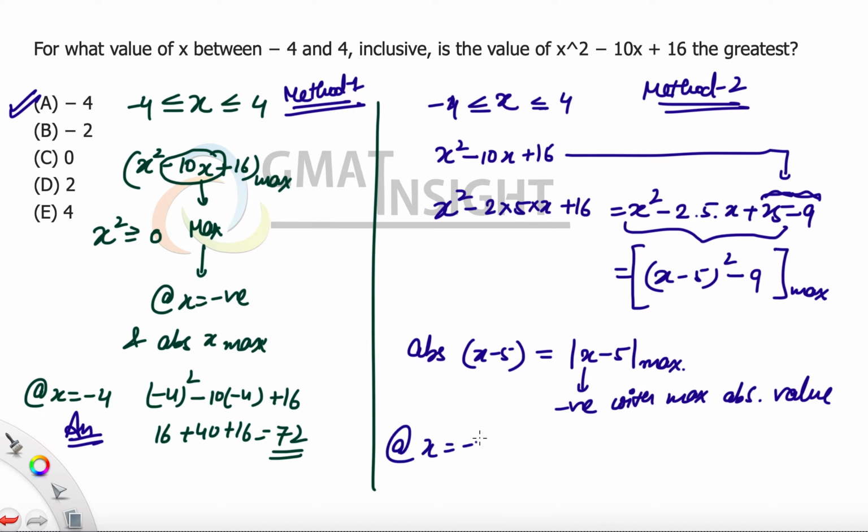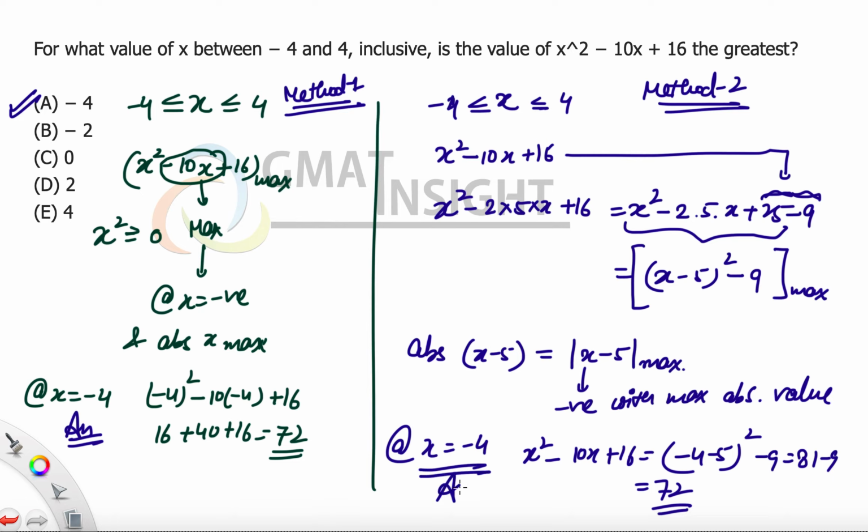So at x equal to -4, this expression, that means x squared minus 10x plus 16, becomes (-4 minus 5) whole squared minus 9, which is 81 minus 9, that turns out to be 72. So the same thing, the maximum value of this expression is 72 at x equal to -4. So the answer is option A.